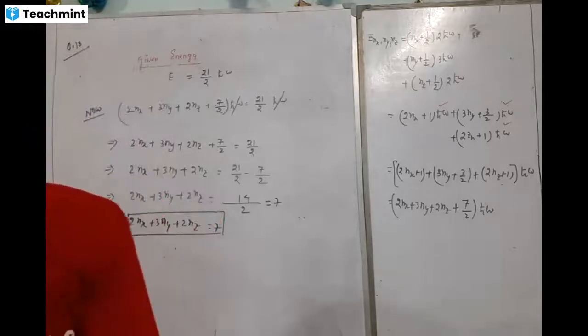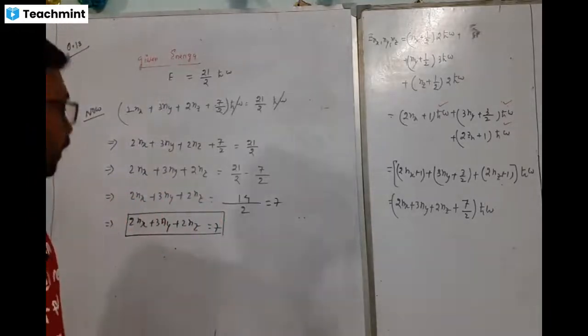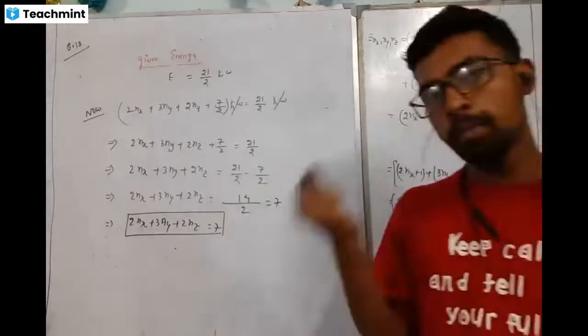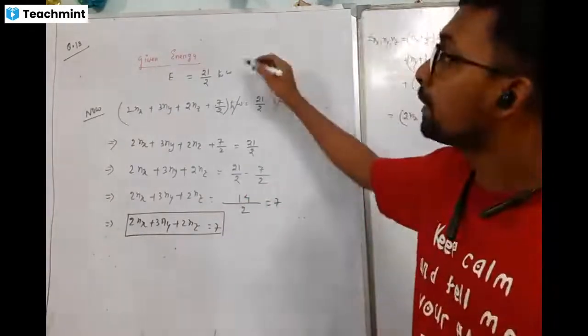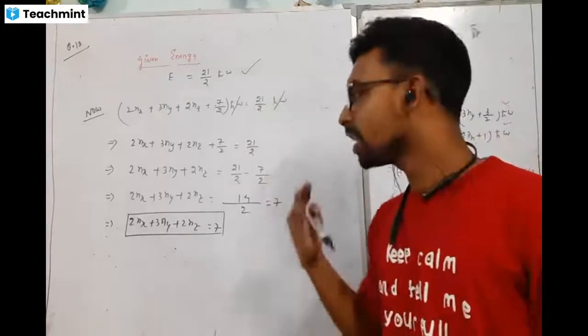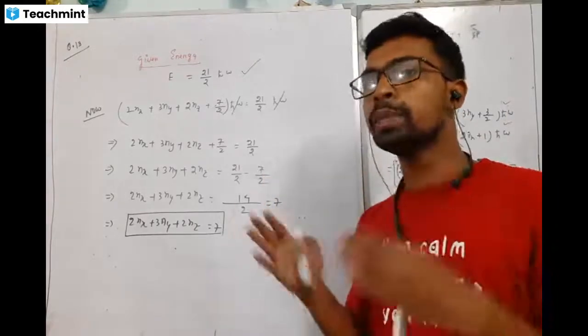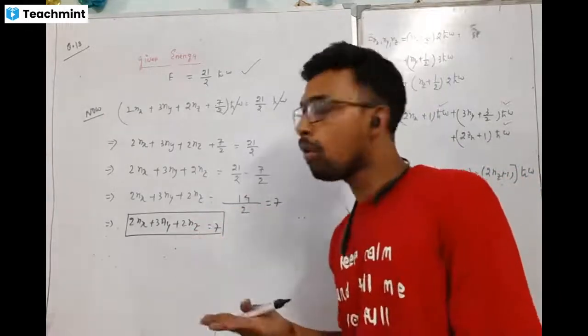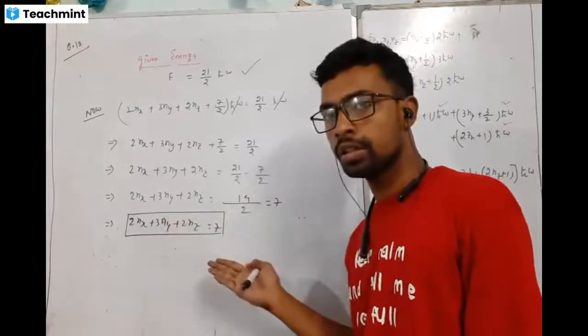Okay, so now take possible values to find the maximum number of electrons of the given state. We now choose the state nx, ny, nz. What are the possible combinations? Next we try to find the possible combinations of nx, ny, nz.